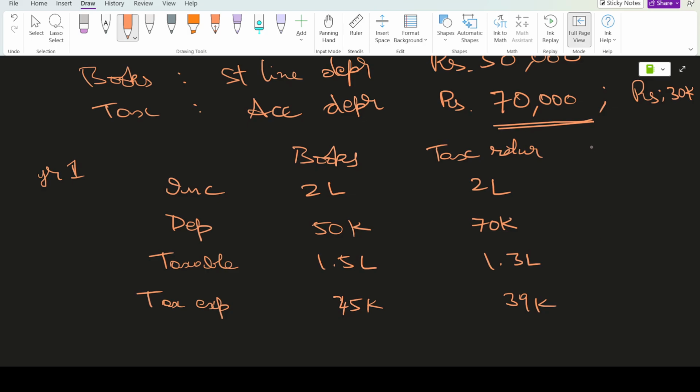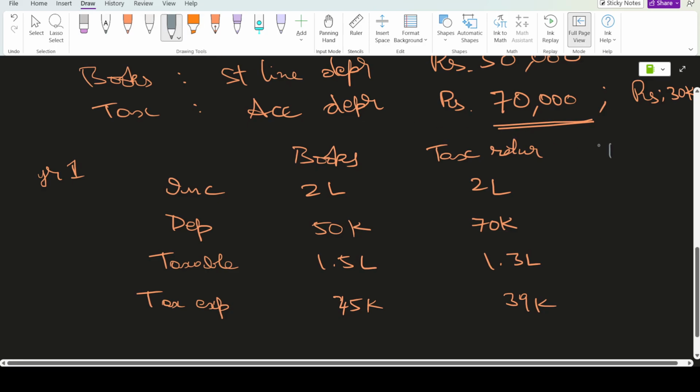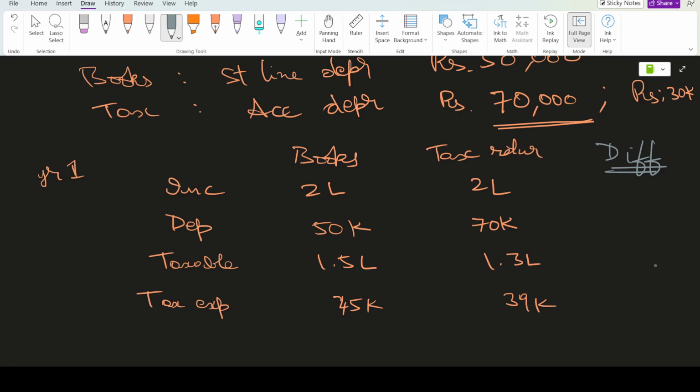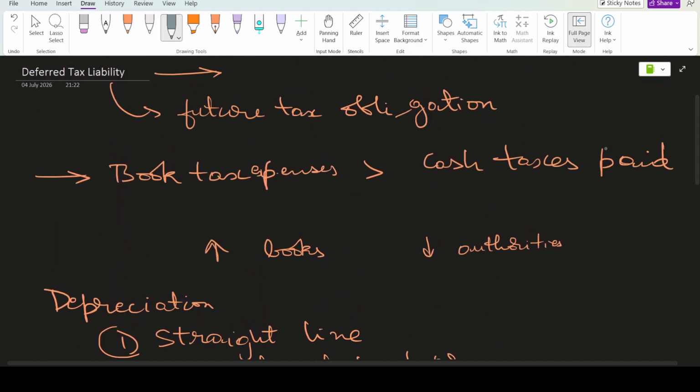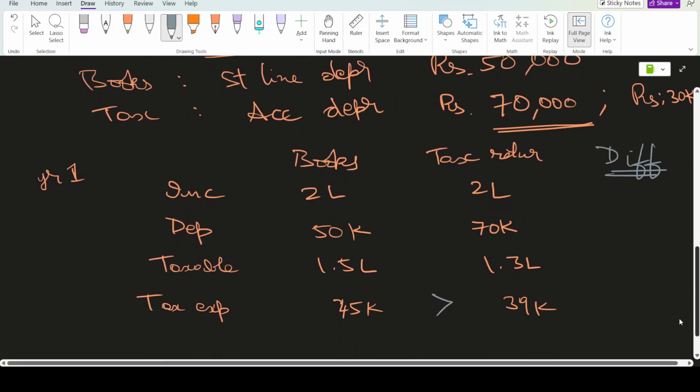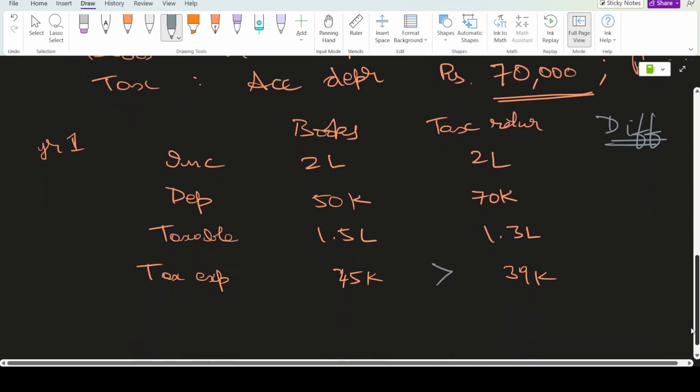So we are arriving at a difference between the books and the taxable income. Here the taxable income is less than books. That is what I said: if book tax expense is greater than cash taxes paid, how do you pay less taxes? By using something called accelerated depreciation.